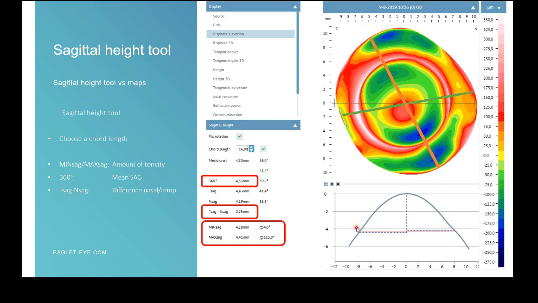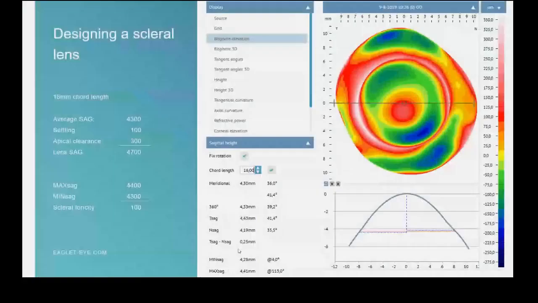For me, the most important values are the min and the max sec, because the difference between these two is the amount of toricity in sec. And I have an example here. If I should do a very simple design of a scleral lens with a 16 millimeter chord, I should work it out this way.